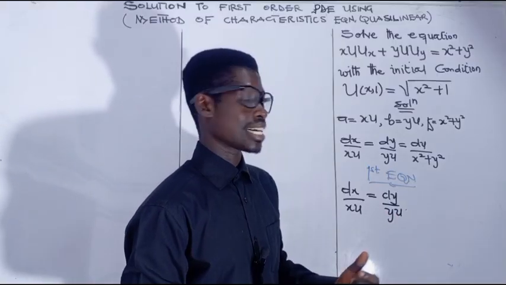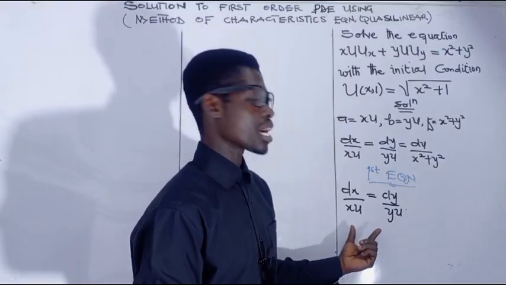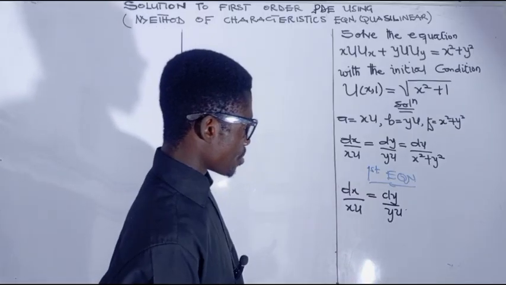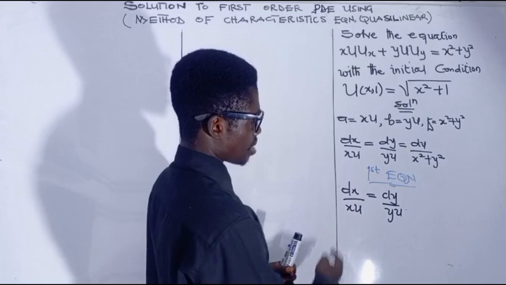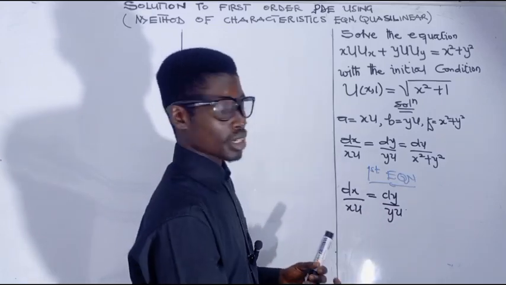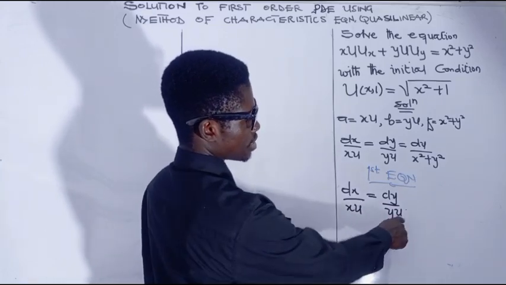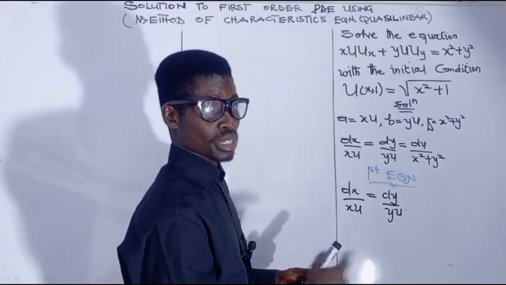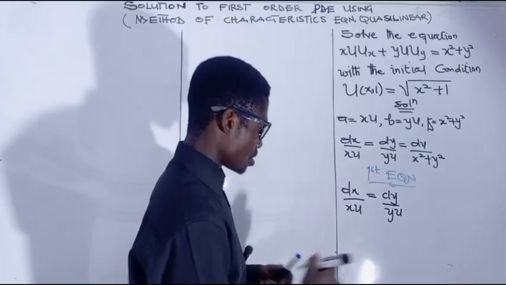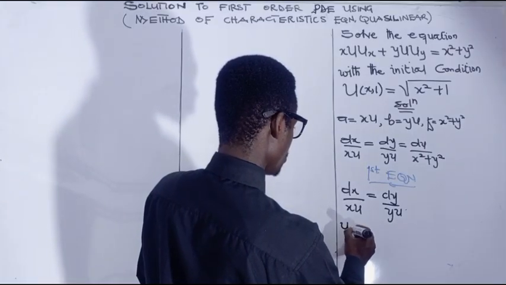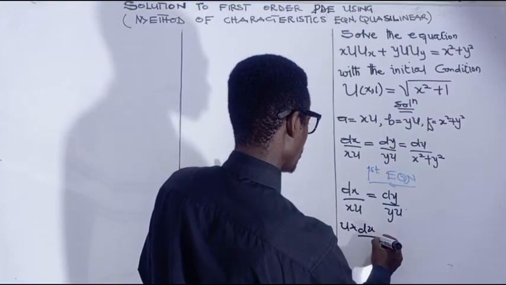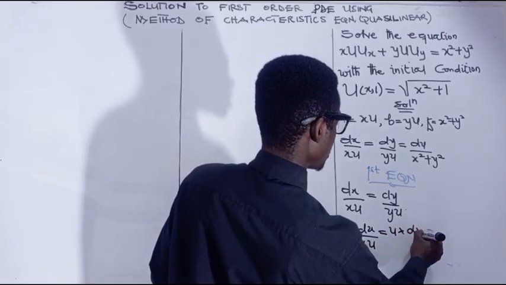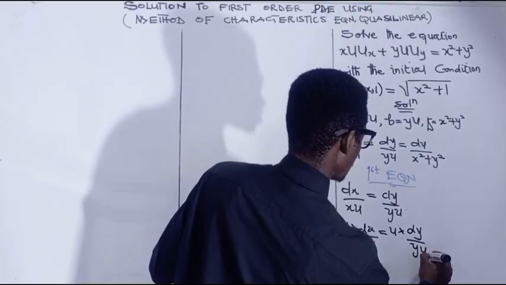If you are able to massage this equation some more, we can separate the variables and then we integrate directly. What we are going to do is multiply both sides of the equation by u. You can see that this u goes away and this u goes away. You'll be left with dx over x and dy over y. So we have u multiplying dx all over xu is equal to u multiplying dy all over yu.